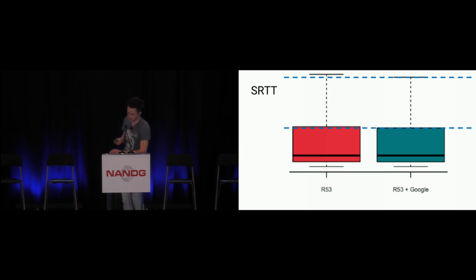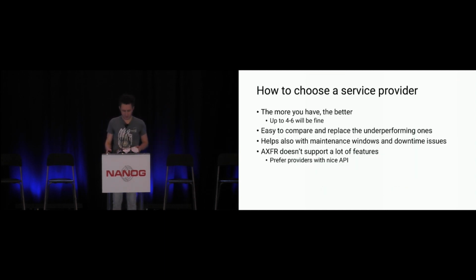So the box is lower. This is probably because there are a couple of locations in New Zealand where Route 53 performs really badly, probably because of the ISP relations we've discussed before. In those locations, due to SRTT, Google takes over. So if you run two solutions simultaneously, you benefit from both solutions in the most marvelous way.